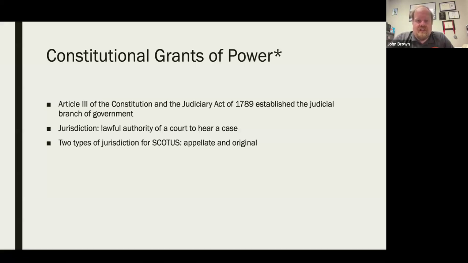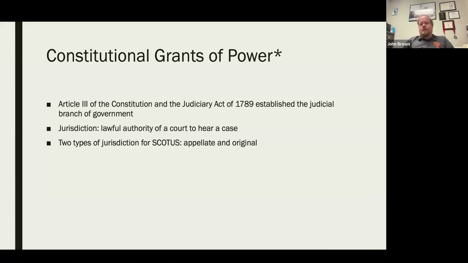One is jurisdiction. This is the lawful authority of a court to hear a case. And there are two types of jurisdiction for the Supreme Court: appellate and original. Appellate is the authority to hear cases from lower courts, both state and federal courts. So appeal, appellate. The original jurisdiction are cases where the case goes directly to the Supreme Court.